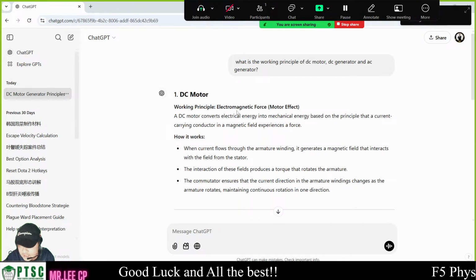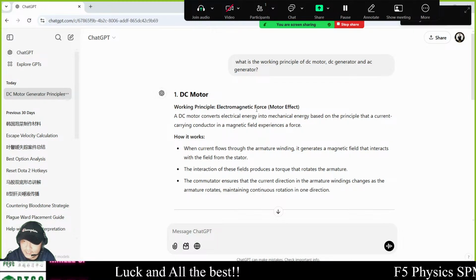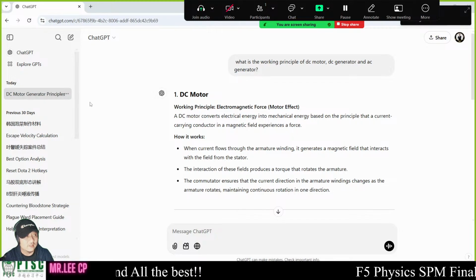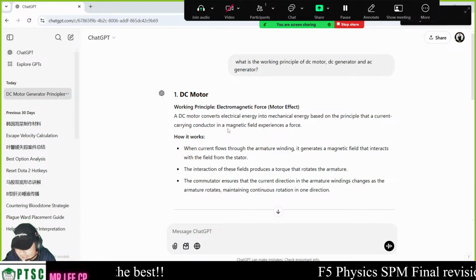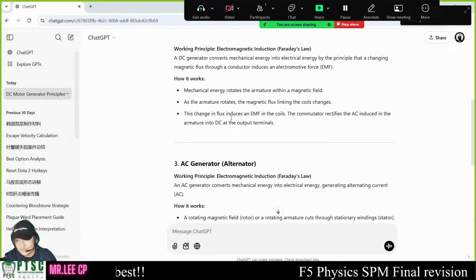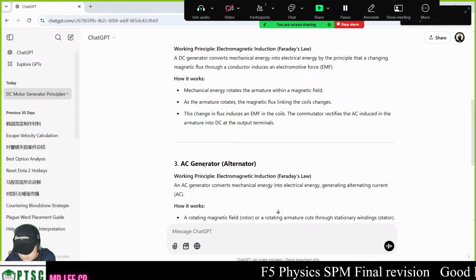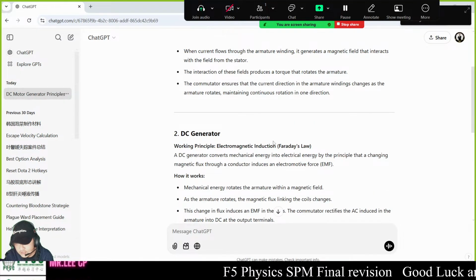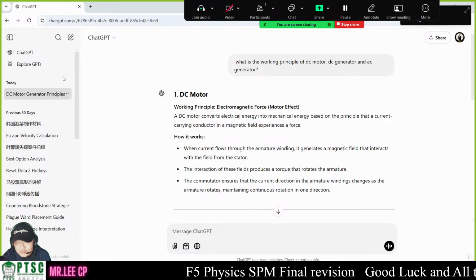DC motor is the motor effect, electromagnetic force, not induction, because the current produces a force. This one is induction. Generator, you generate, you need to induce the current. So induction. This one is current producing force.